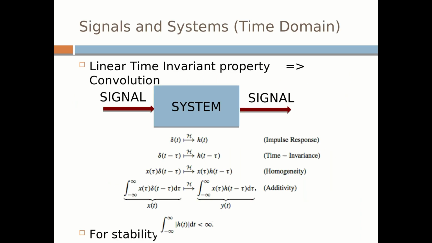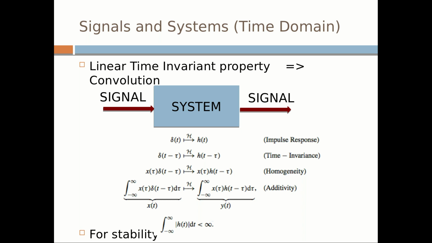Now let's see about LTI systems in convolution. LTI systems stand for linear time invariant systems. They obey the property of linearity and time invariance. Convolution is a process which we use to get an output from an LTI system.